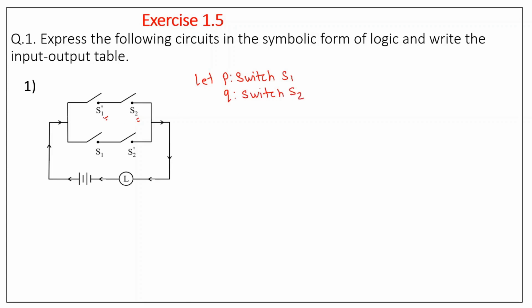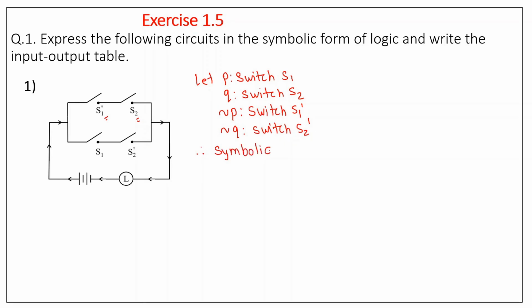Now S1 dash and S2 dash are there, so we write negation P as switch S1 dash, negation Q as switch S2 dash. Now we have to write the symbolic form.